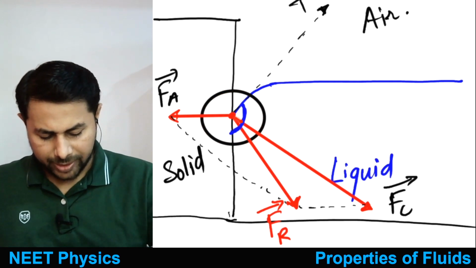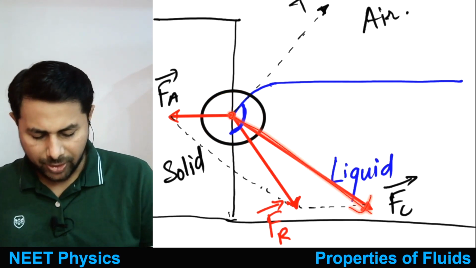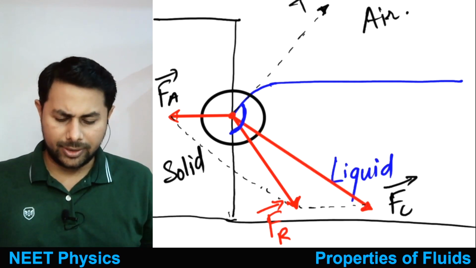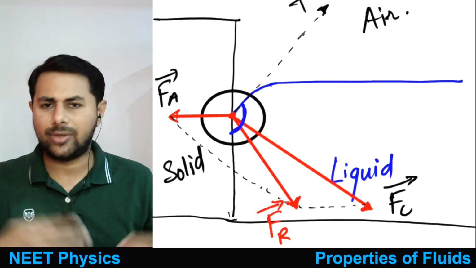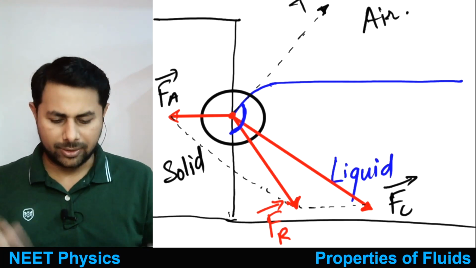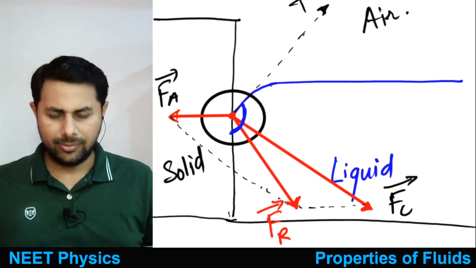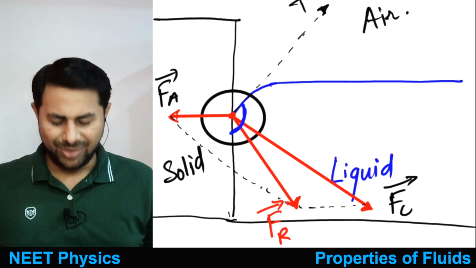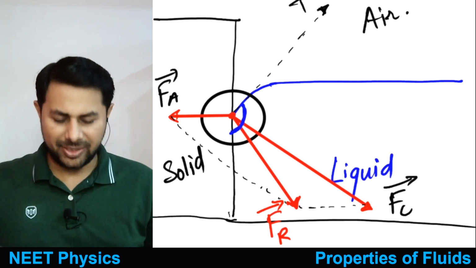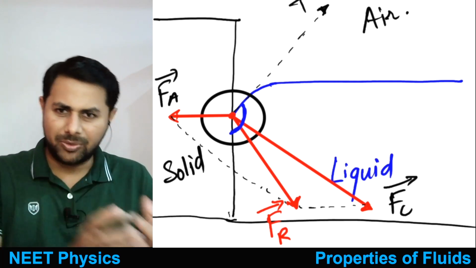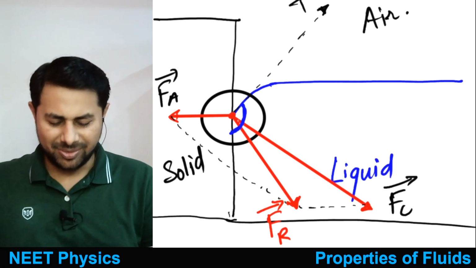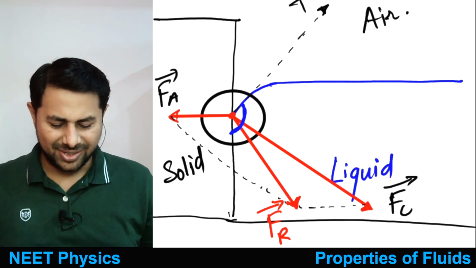There would also be cohesive force between the mercury molecule and the other mercury molecules, and mercury molecules don't leave other mercury molecules that easily. So cohesive force is much more compared to adhesive force for most of the solids. That's why mercury will not wet the solid if it is in contact with it, because cohesive force is more. Other mercury molecules will not leave this mercury molecule that easily, right?